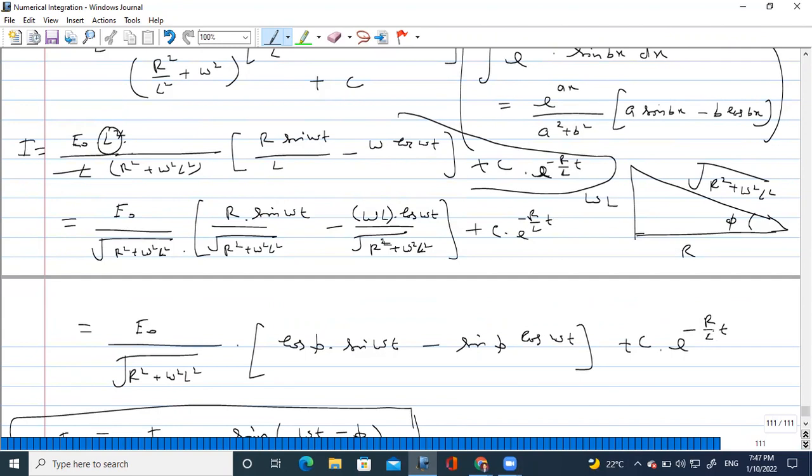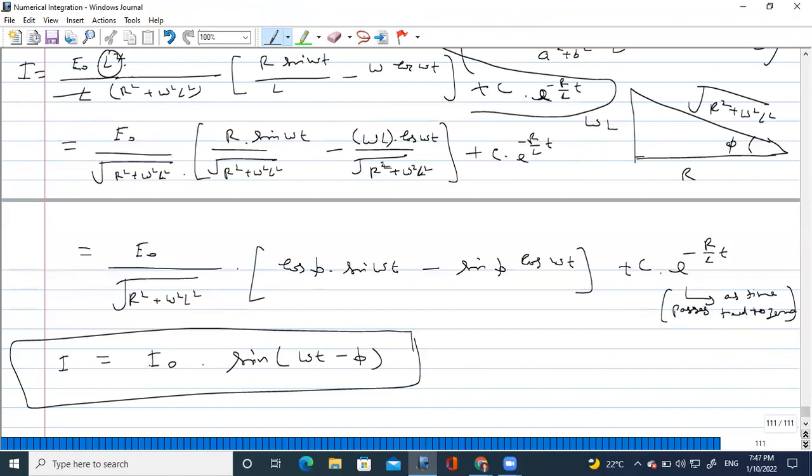Now you see here, because this is an exponential term, as time passes, this term will go to nearly 0. At greater time, it will reach nearly 0.